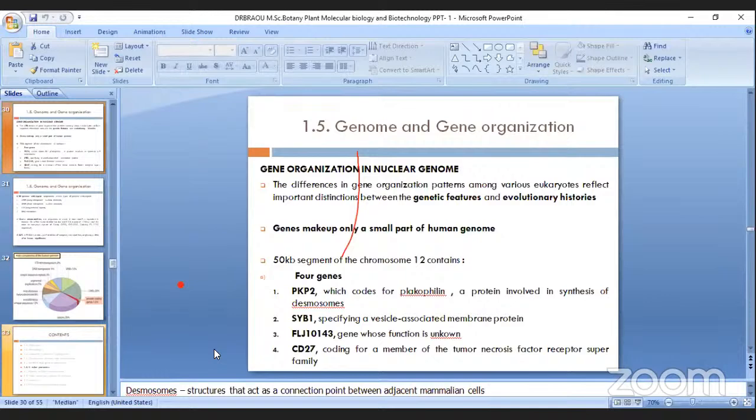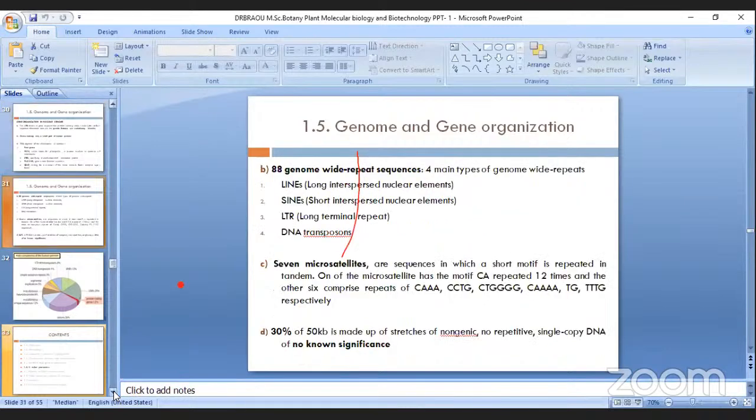It codes for a member of the tumor necrosis factor receptor family. And apart from the 4 genes, it also has 88 genome-wide repeat sequences.